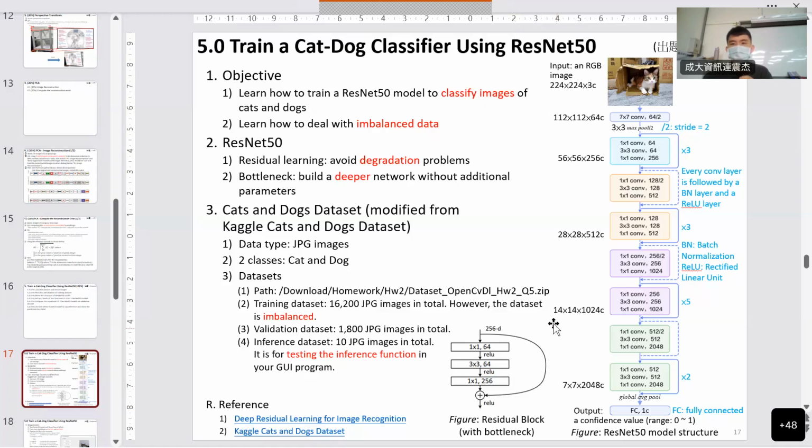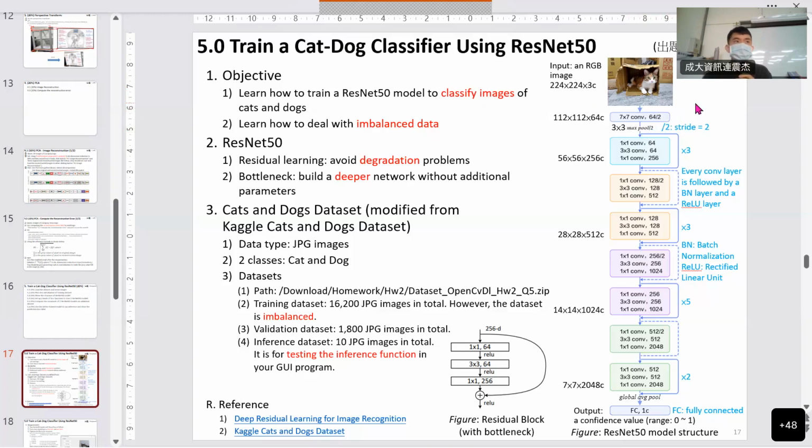After that, we can take a look at the diagram on the right. This is the structure of the ResNet 50 model. The input is a 224 by 224 by 3 channel RGB image, like this image of a cat. This RGB image is input to the 7 by 7 convolutional layer with 64 filters and stride 2.